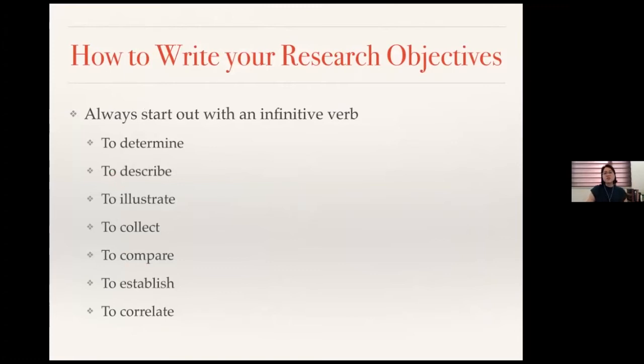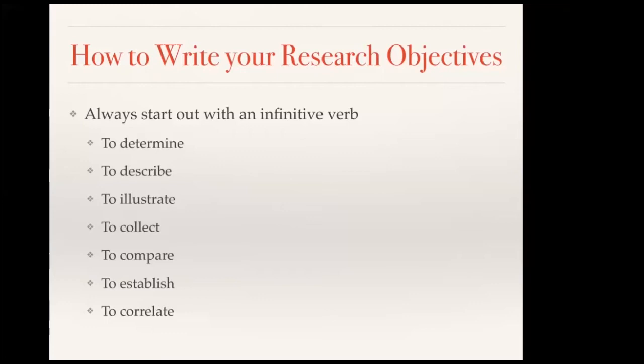So when you write out your research objectives, you always start out with an infinitive verb. Describe a unique case of, or to illustrate the theory on, or in a prevalence study, to collect samples of, and then in hypothesis testing type of studies, in intervention, you want to compare groups.